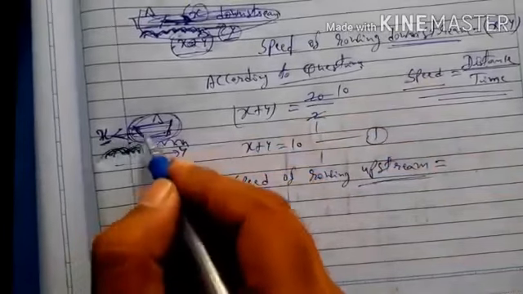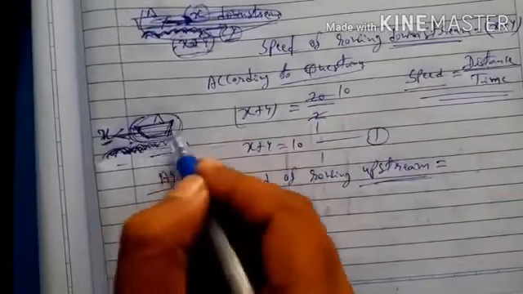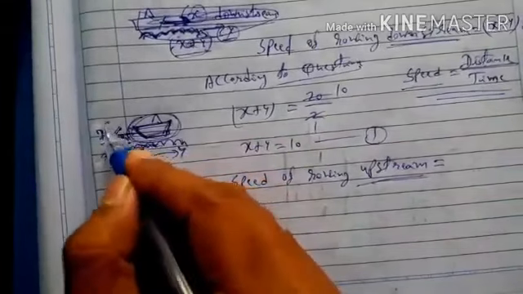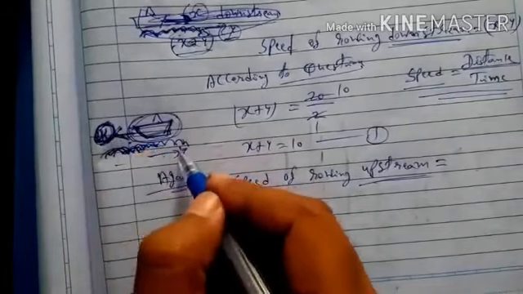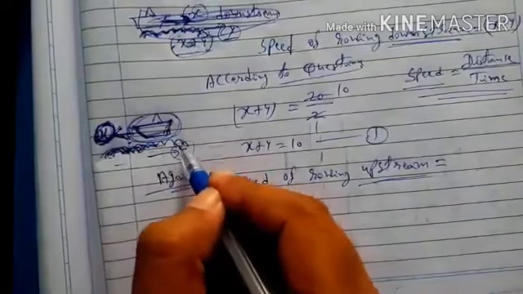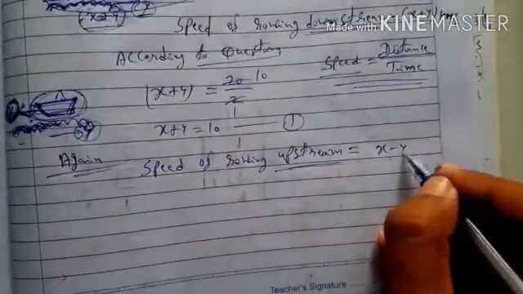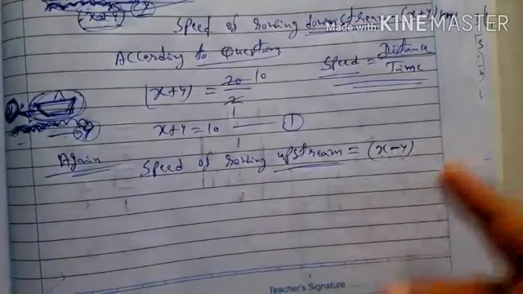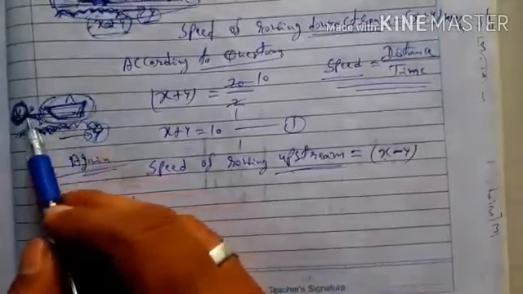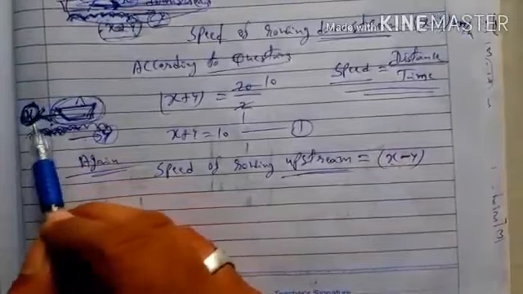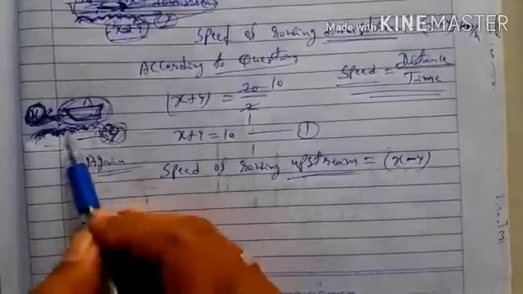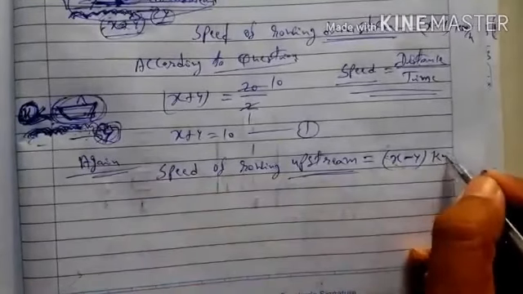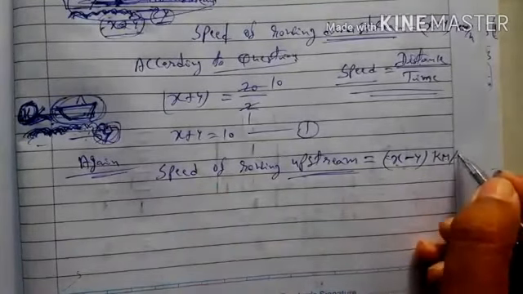The rowing speed is greater and the water flow speed is smaller. So upstream means the difference: x minus y, because y is on the opposite side. So the average speed is x minus y kilometer per hour.